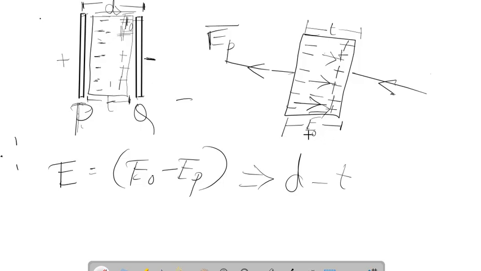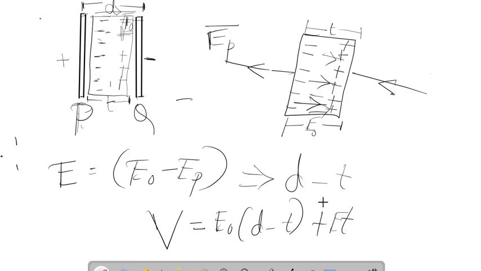So the potential difference between the two plates will be given by E naught into (D minus T) plus E T. Let us consider this as equation number 1.